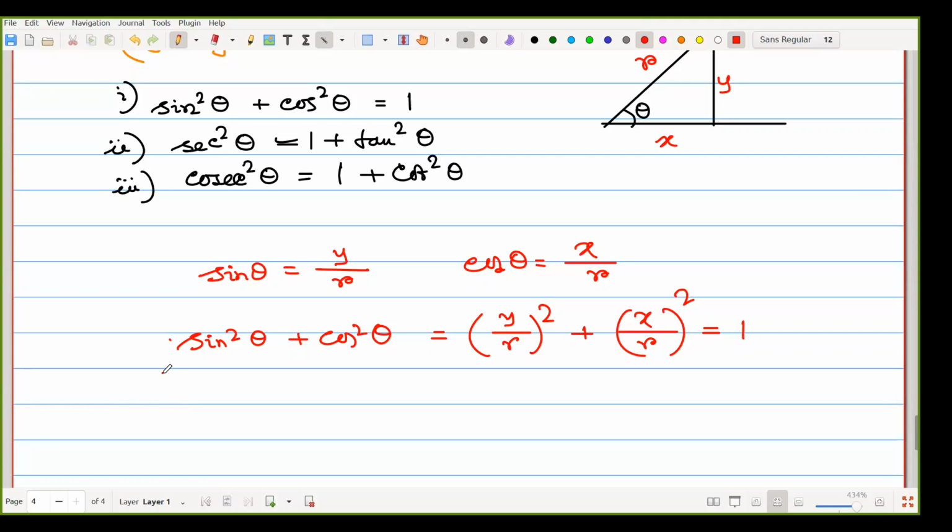Same as we have the derivation of that particular x square plus y square is equal to r square, we can define it from a circle. Let's check how we can derive it.